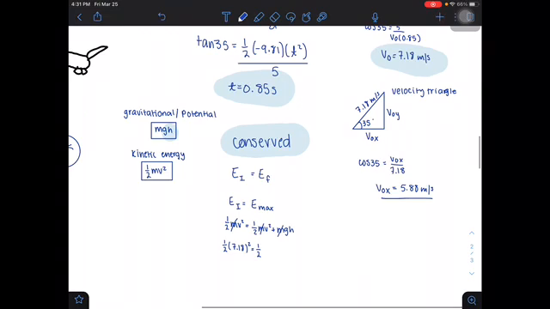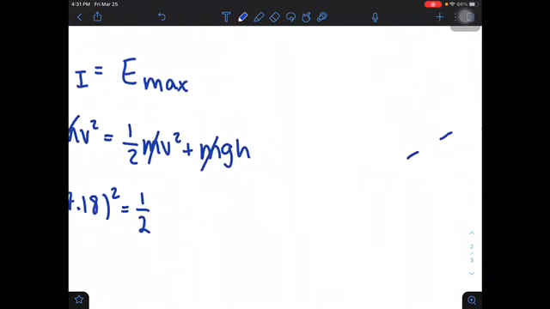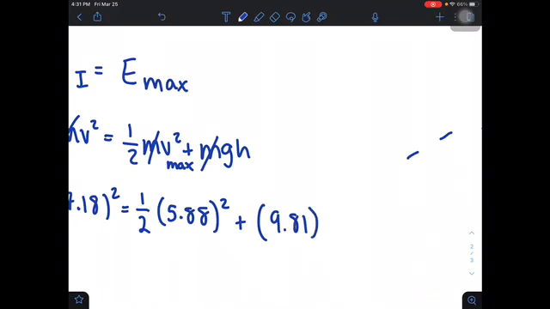And this is the value that is going to be the velocity when the ball's up here. So we're going to plug that in for here. So this would be the velocity max. And this is 5.88 squared plus gravity. And here it's important to make sure that your value for gravity is positive, since energy cannot be negative, times our height.